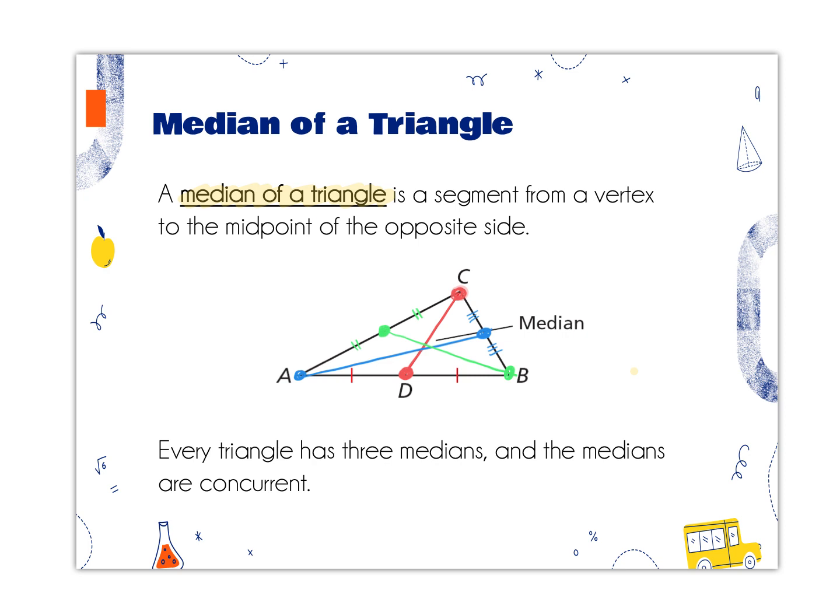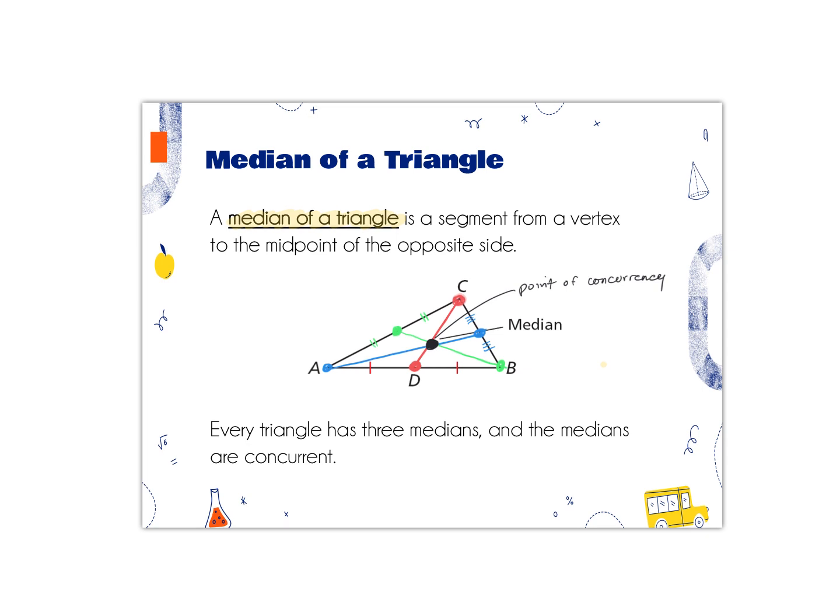You're going to see that our medians are going to have a point of concurrency as well, just like what we learned with the other ones. In a subsequent slide, we're going to learn what we call that point of concurrency and what we can do with it.